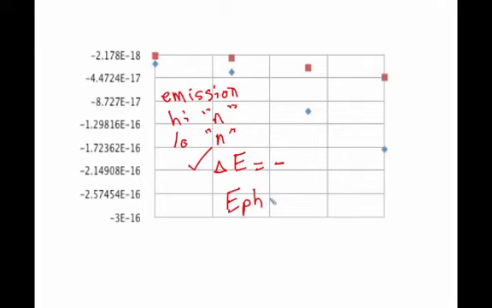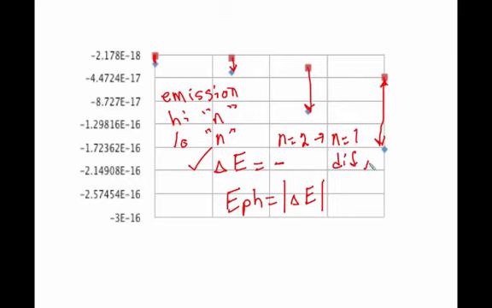But when we look at the energy of the photon, we take the absolute value of that difference in energy. That's going to be the energy of the photon released. Now, you notice that that difference in energy is smaller for lithium than it is for fluorine. A much bigger difference. The key here is that the n equals 2 to n equals 1 transition has a different delta E for each, and hence you're going to see a different wavelength of light.